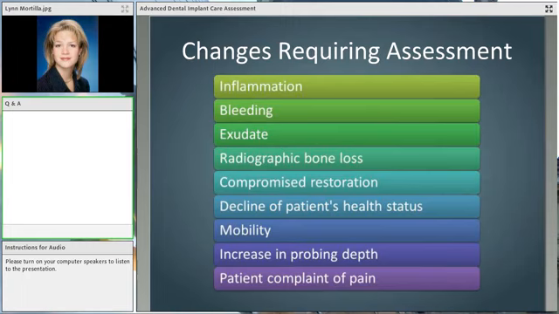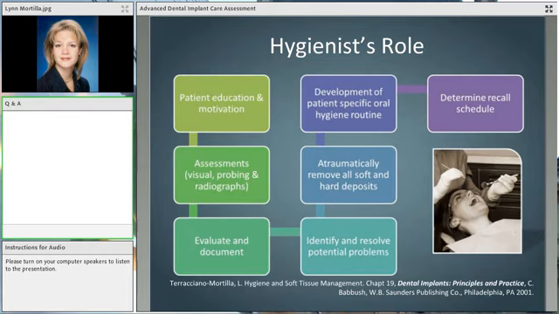These are all factors that you find during your assessment that require you to really focus, get the clinician, the doctor involved to get to the root cause of the problem before any of these start to cause significant amounts of bone loss.